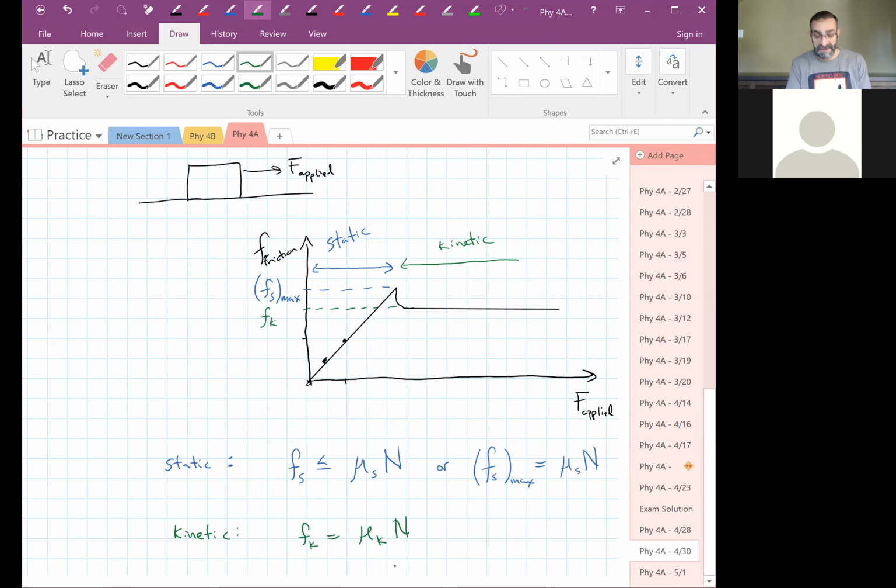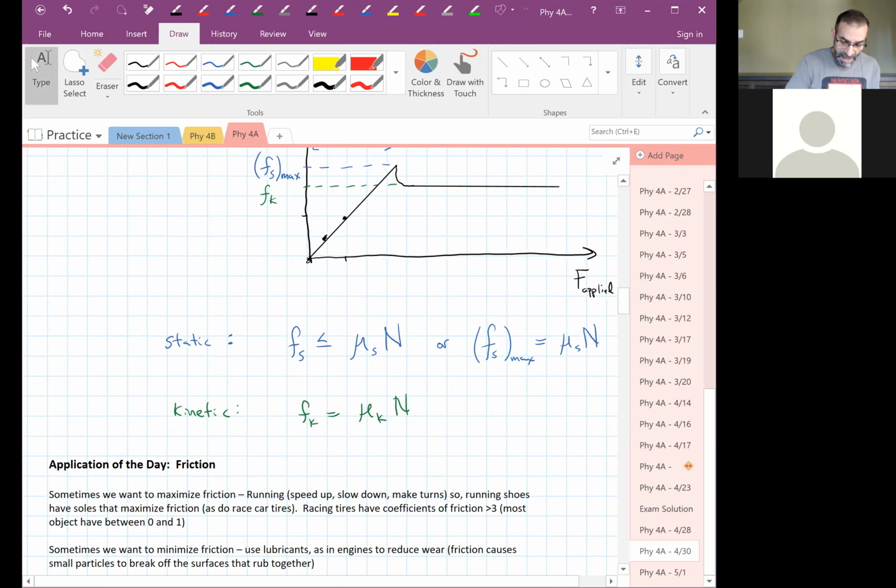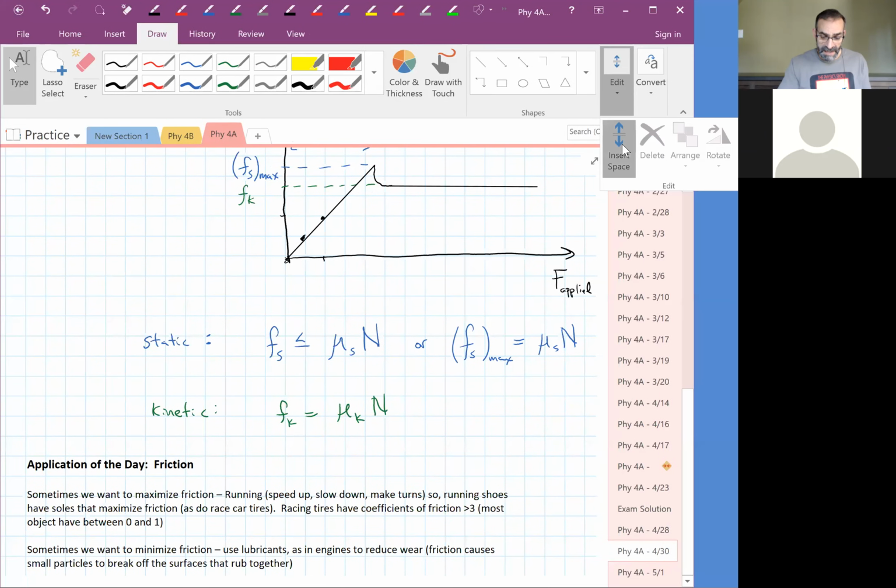Looking at the graph, the way I drew it here. The static friction force increases, and as soon as it breaks free from the surface, the friction force drops a little bit. The kinetic friction force is less than the maximum static friction force. So that's how I drew it here.